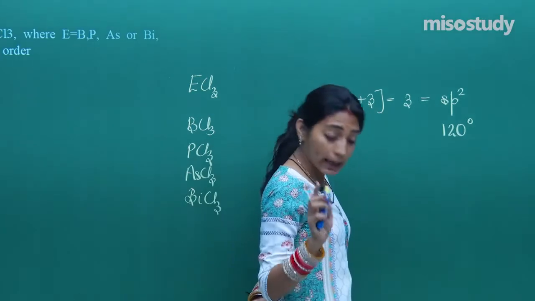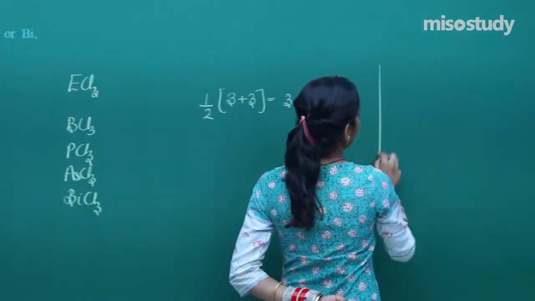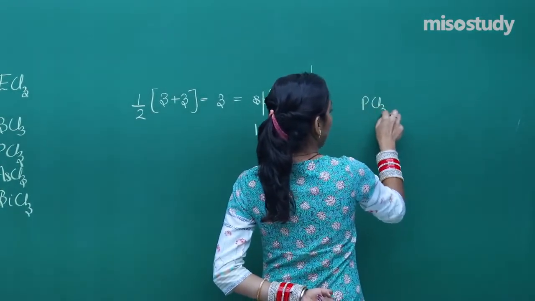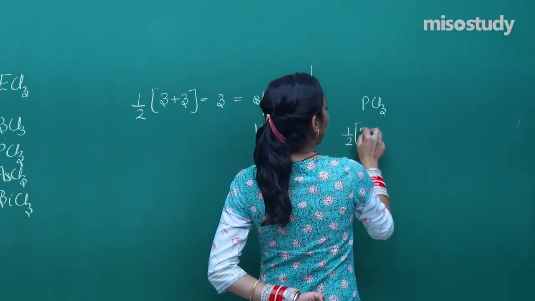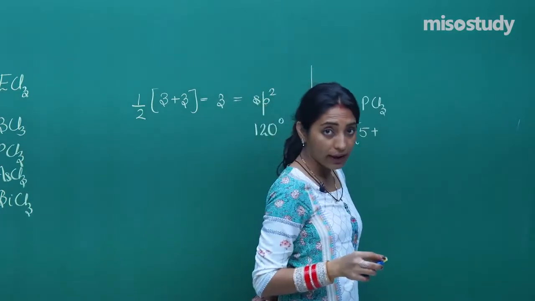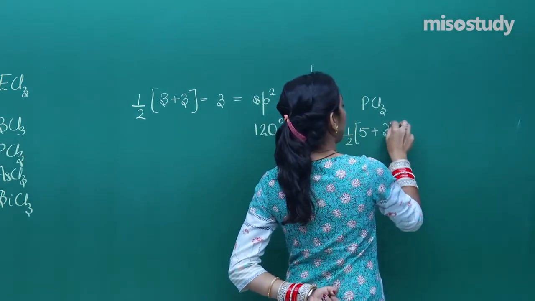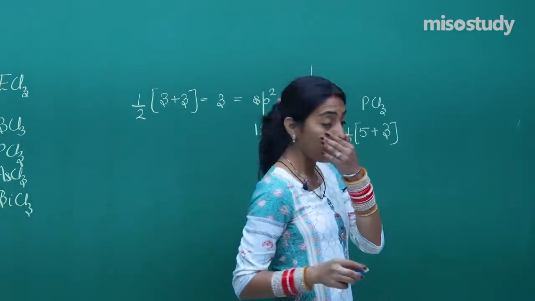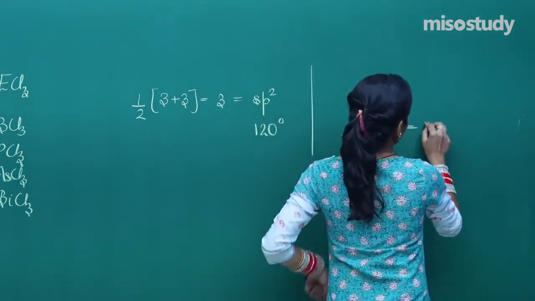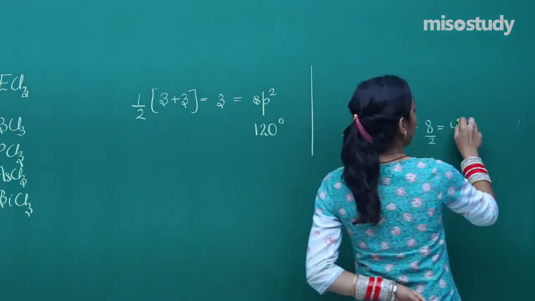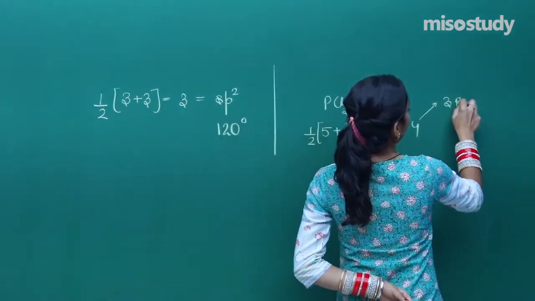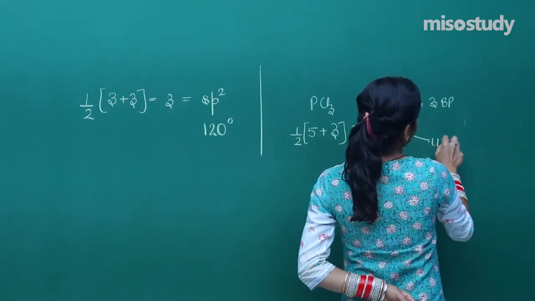Fine? If however I talk about PCl3 and I do the calculation, I'll write half the number of valence electrons of the central atom, that is 5, plus the number of atoms attached by single bond, that is 3. So making it a total of 8 divided by 2, which is 4. But out of 4, 3 are bond pairs and 1 is lone pair.